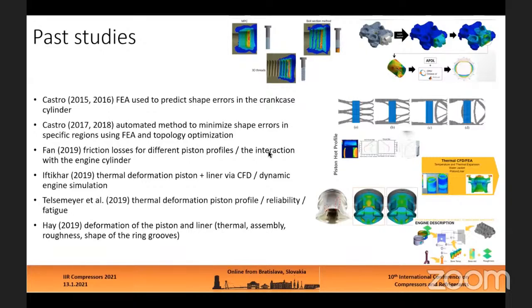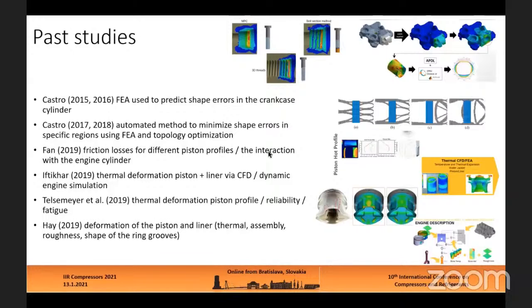It's not a standard result from the software, so we need to export the node coordinates and the displacements of the nodes, and then manipulate this data until we can really show the cylindricity values, taking into account that we need to remove the rigid body motions and consider only what is really the deformation itself.